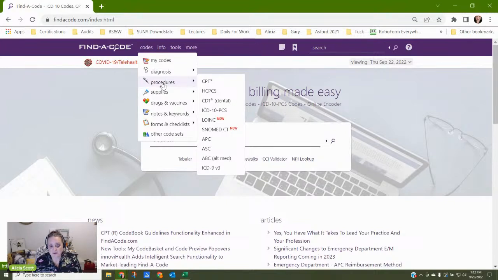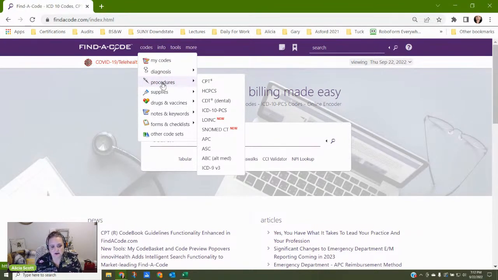Here, when I hover over procedures, you see that I have CPT, HCPCS, I've got the dental codes, I have PCS, and I also have, I don't know how you say that, LOINC, SNOMED again, and then available, I could get APC, ASC, which is Ancillary Surgery Centers, AltMed, and volume 3 of ICD-9, which was where all the procedures used to be housed, like PCS.